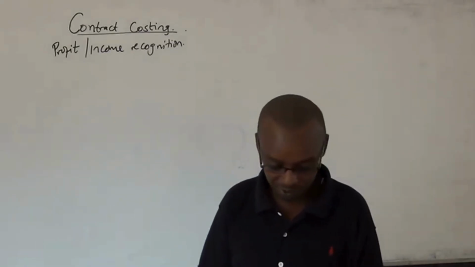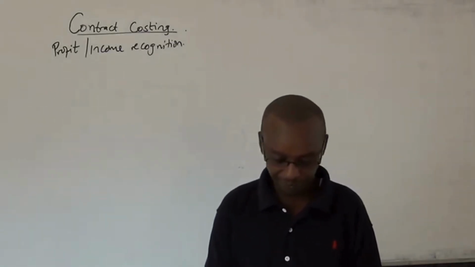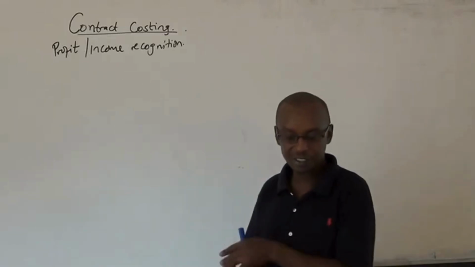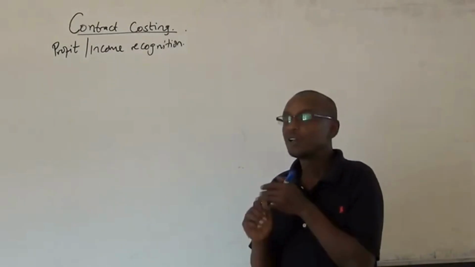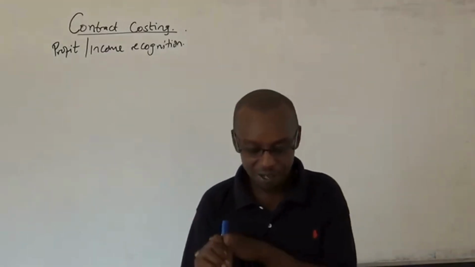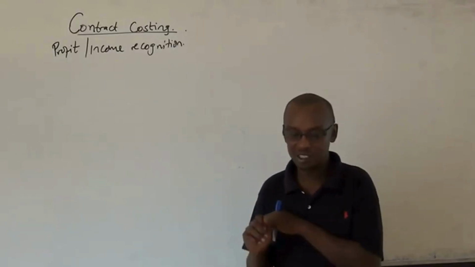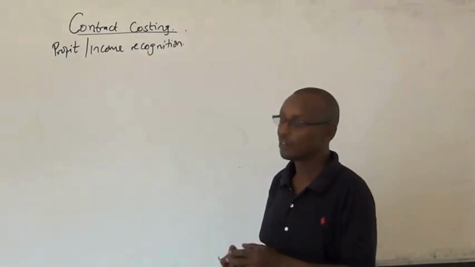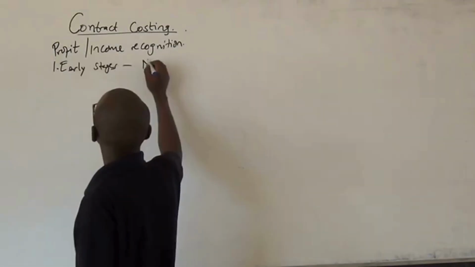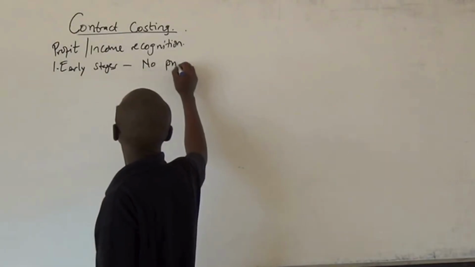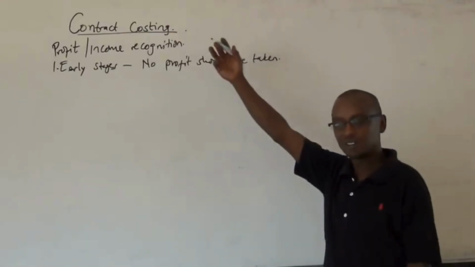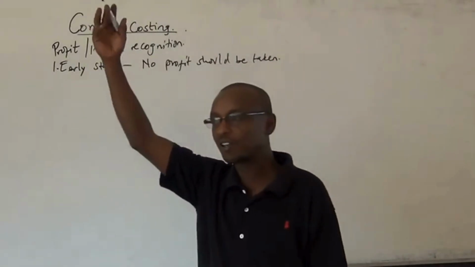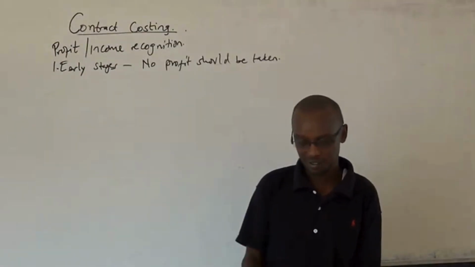Number one, if the contract is in its early stages, no profit should be taken. So, it is a 10-story building. It is going to take like 5 years to complete.